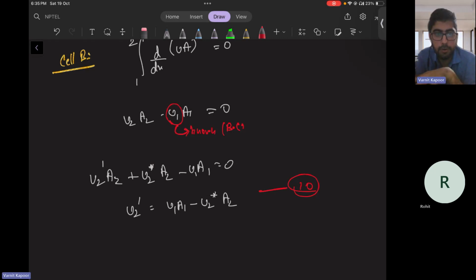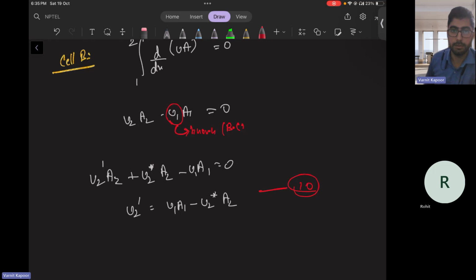So what can we do? We can take the momentum interpolated face value in order to substitute the U2 prime. We have to go back and look at equation 9. So that is your momentum interpolated face value, and obtain the prime equation in terms of pressure corrections.